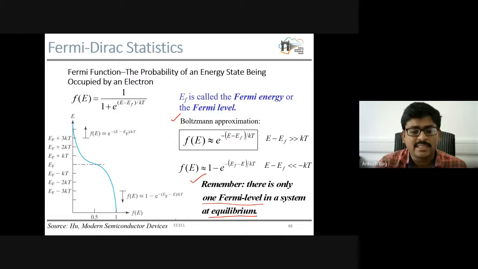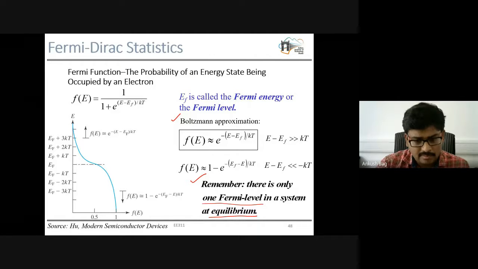There we will see that the Fermi level may split, and there is a concept called quasi-Fermi level, which we will discuss. When the PN junction diode is under steady state or non-equilibrium condition, we may have two or multiple Fermi levels.